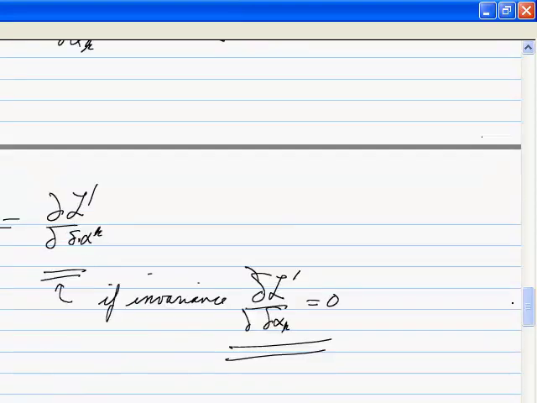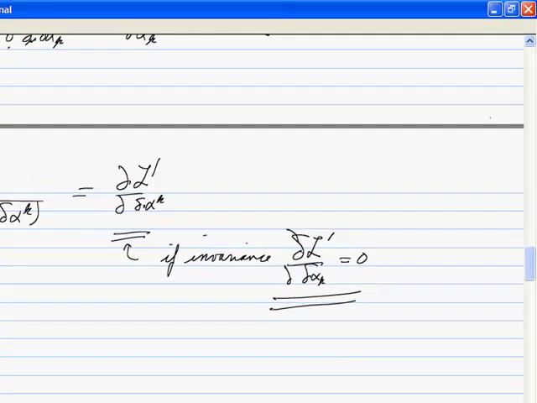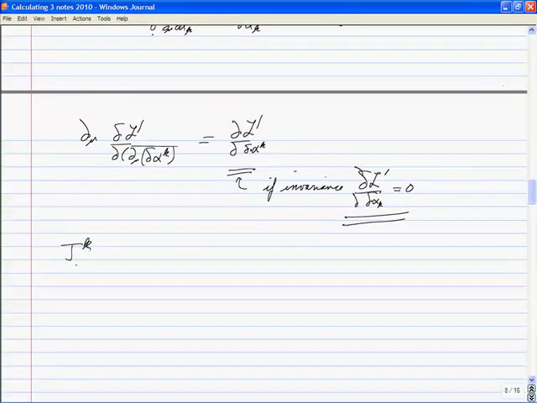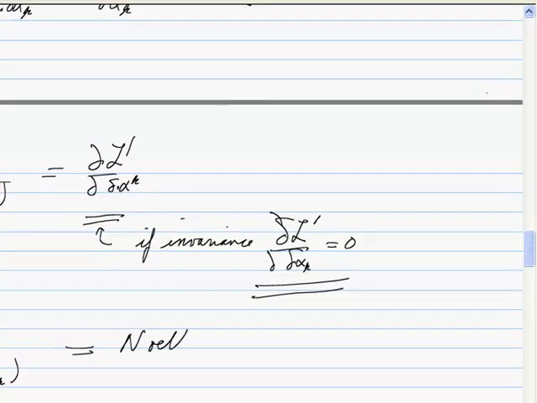And this then is the way to calculate the current. So j k mu is the current, the variation of the transformed Lagrangian with respect to d mu delta alpha k. That's equal to the Noether's current.